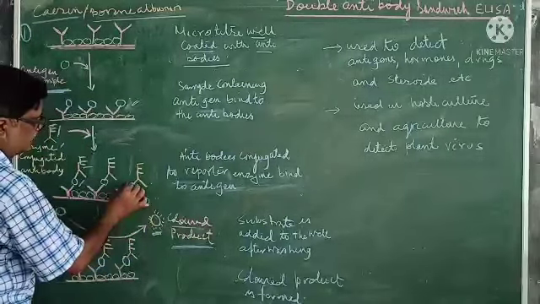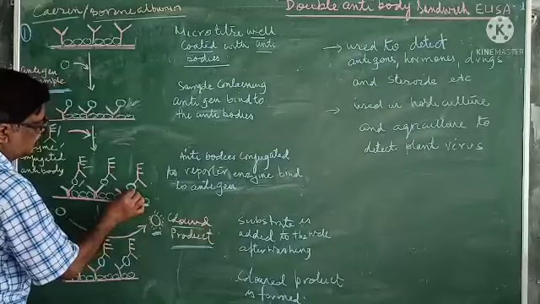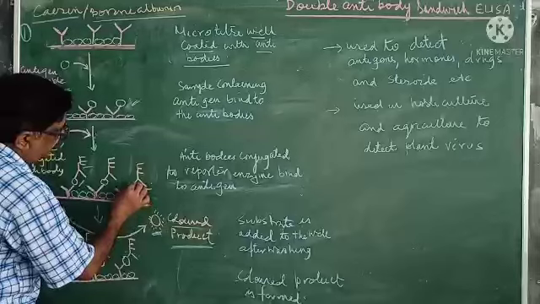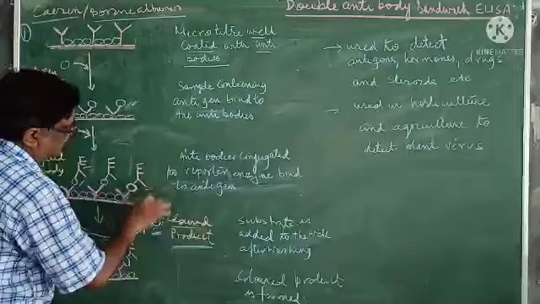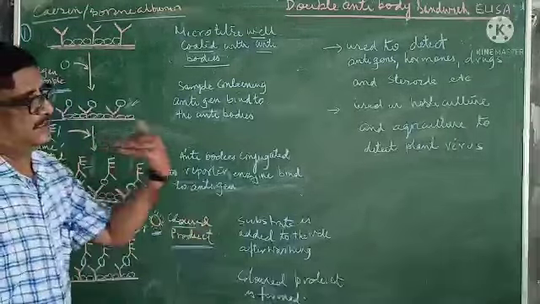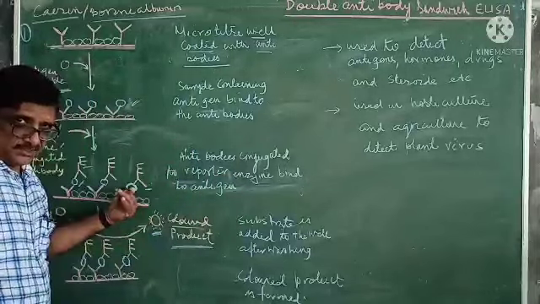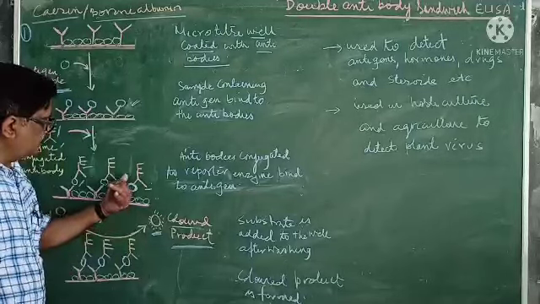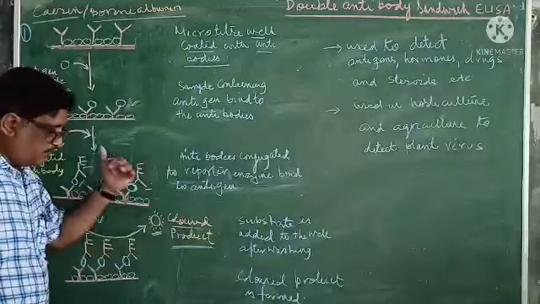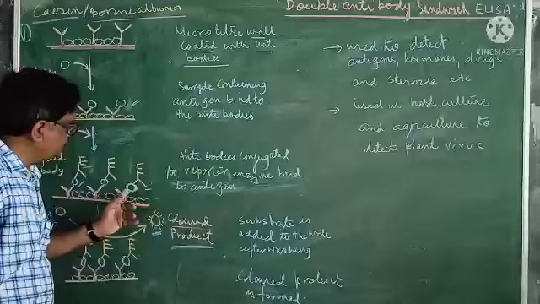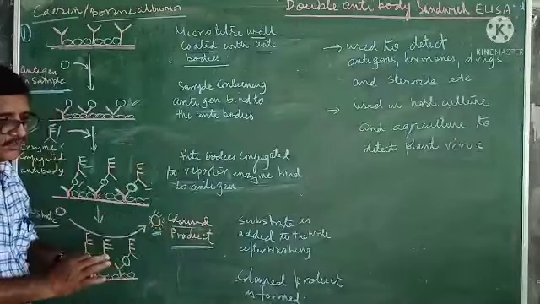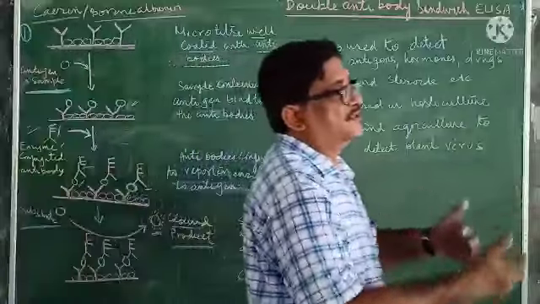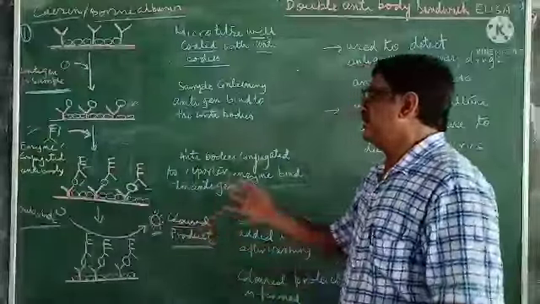So development of color will indicate the presence of antigen, because if the antigen is present, only then the antibody will bind to it and remain in the well. Otherwise, if the antigen is not present in the well, the antibody will not bind and will not remain in the coated well after washing, because washing will remove any floating or unbound antibodies.